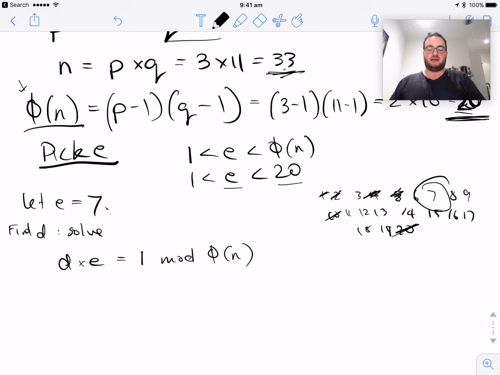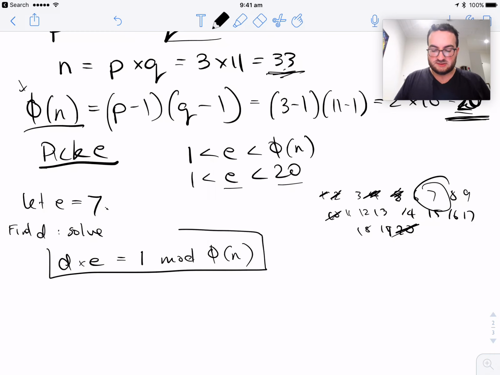So let me say that again. We need to solve this mathematical expression, which says: what number, aka d, when multiplied by e, has a remainder of 1 when it's divided by Euler's totient? Very complicated, I'll just fill it out.